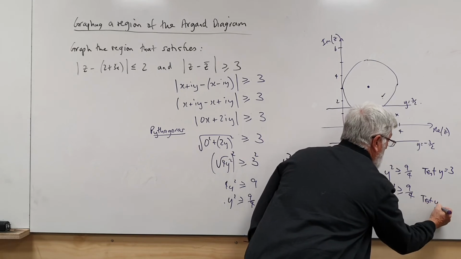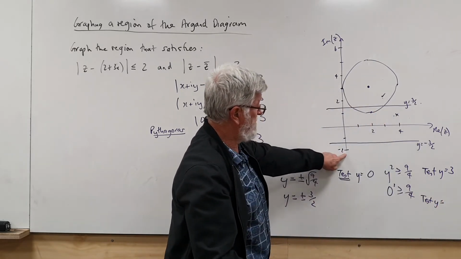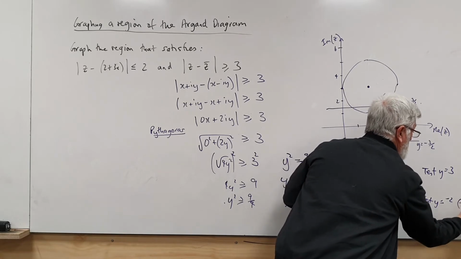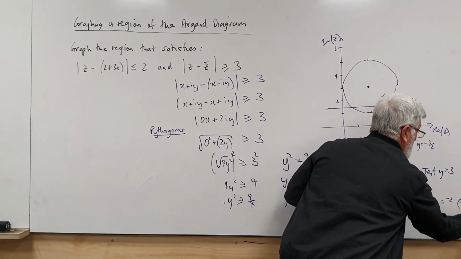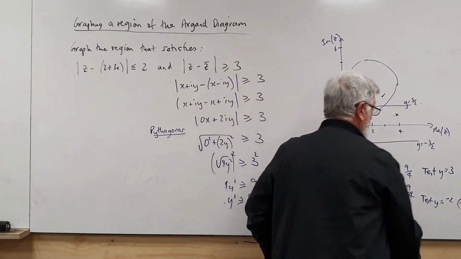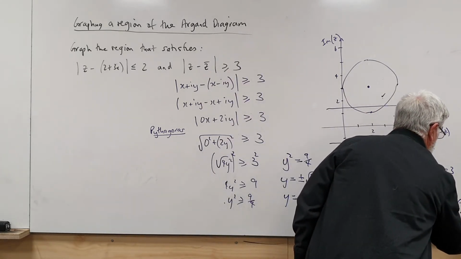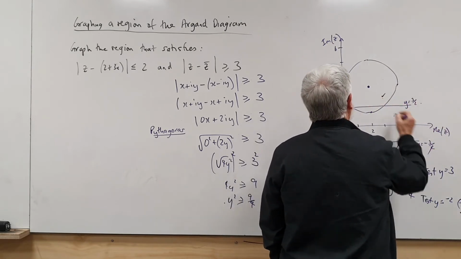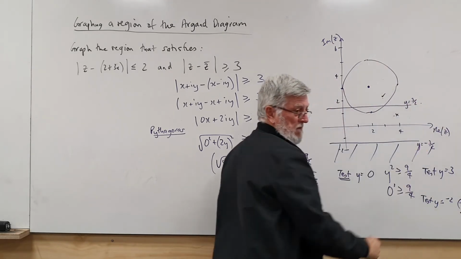What if I test y equals, let's pick one down here. Let's test y equals minus 2. Is minus 2 squared greater than or equal to 2 1/4? Yes. So 4 is greater than 2. So that means everything down here is true. And everything up there is true.